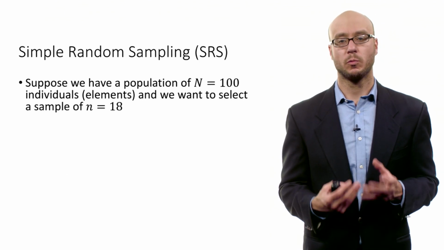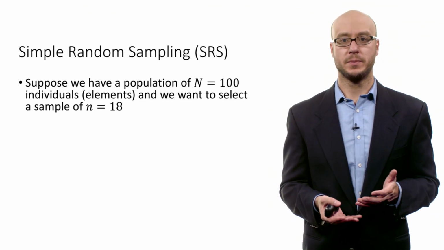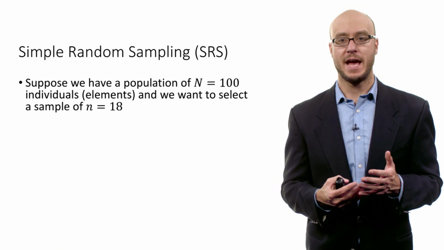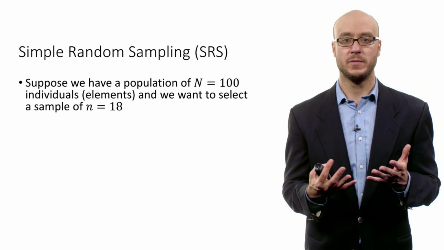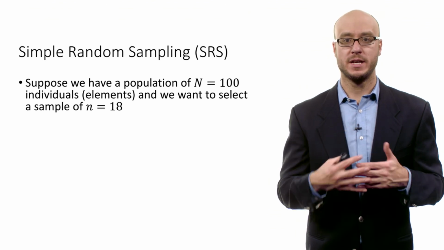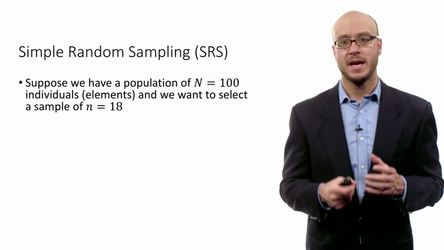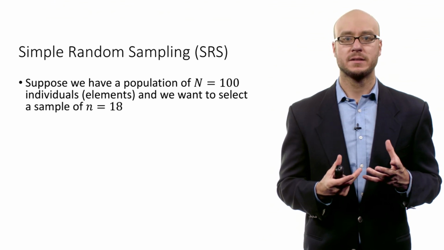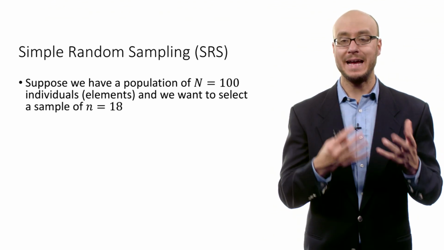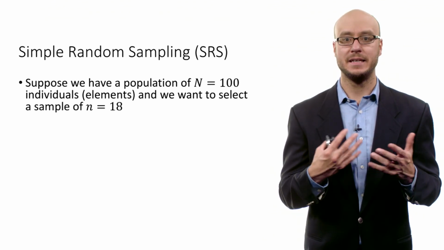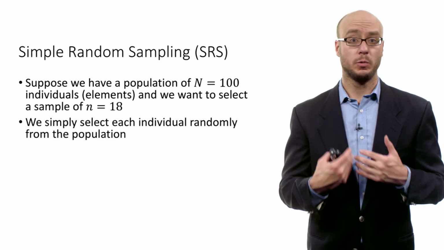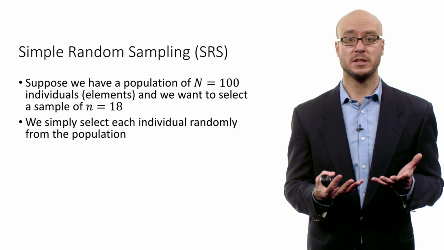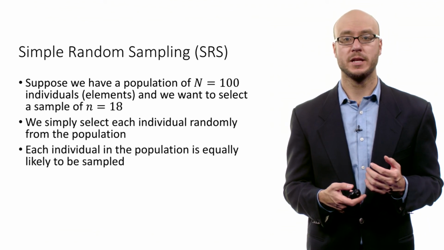So simple random sampling, what is it? Well, suppose we have a population, and that population has capital N equals 100 elements. So if we're talking about individuals, we have 100 individuals, 100 elements. And the idea is we want to select a sample of 18 of those elements, 18 individuals, which we denote with lowercase n. So how do we do this? Well, we just randomly select individuals from the population.